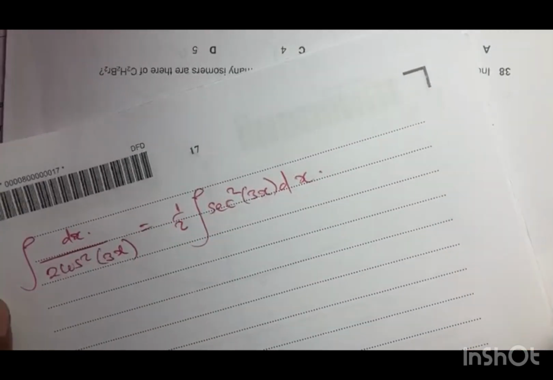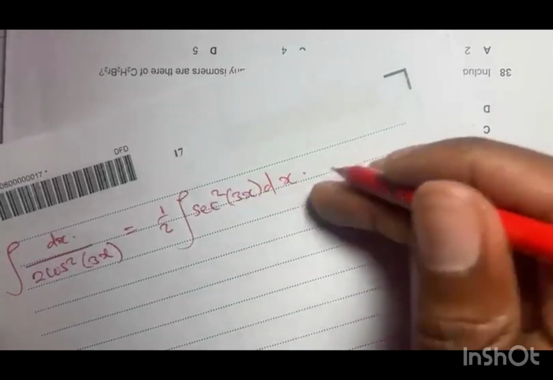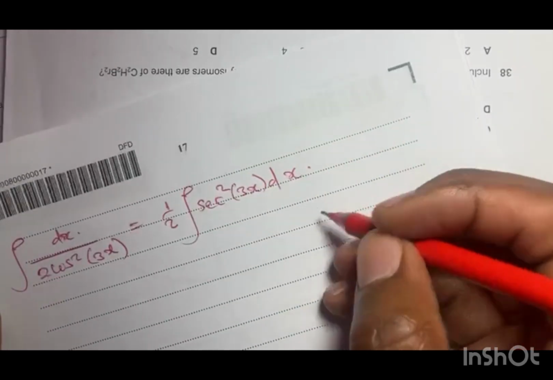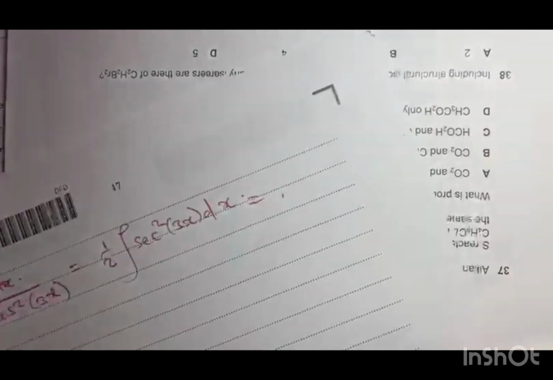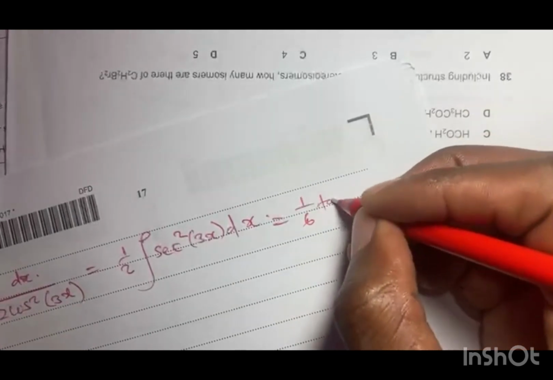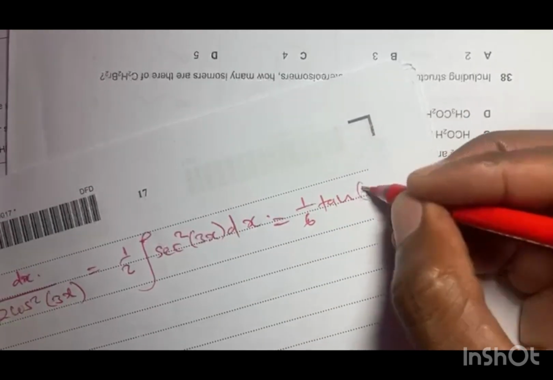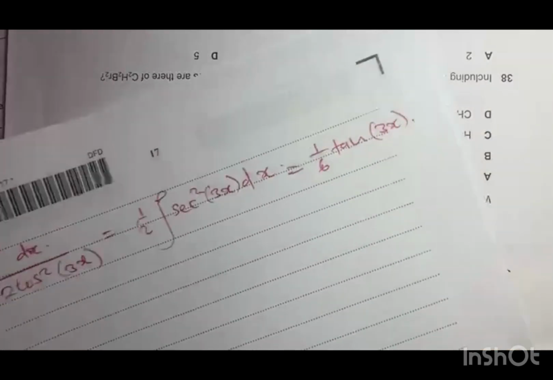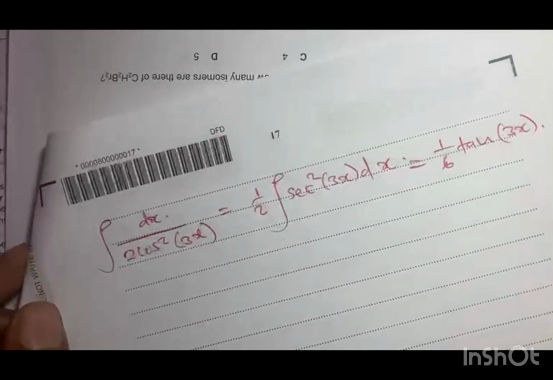Alright, which is equivalent to, if I integrate, I'll get 1 over 6 tan 3x. Okay, so that's what I get.